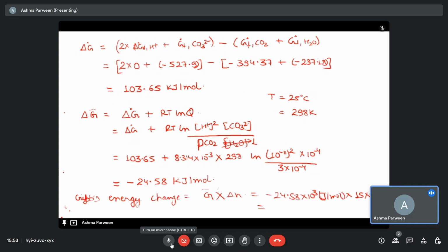After solving this, we will get a Gibbs free energy change of minus 3.687 times 10 raised to minus 4 kilojoules. So the first part was to find the Gibbs free energy change, and this is the Gibbs free energy change. The second part was whether the reaction is feasible. The reaction is feasible because if the Gibbs free energy change is negative, the reaction is feasible.